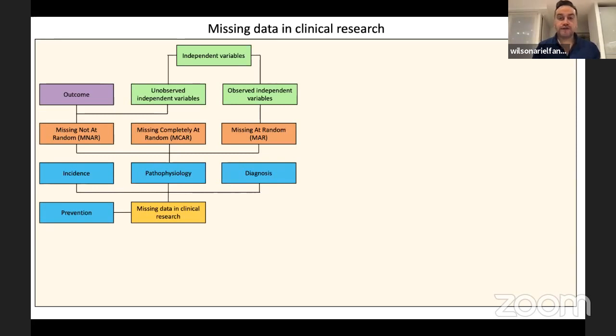It's also useful to think about the diagnosis of the missing data in terms of what the distribution is. So when you are finishing the trial, you should look at your data set and try to see whether or not there is a pattern in your missing data that might give you some key information, like, oh, this might be because of this reason, or this might be because of these observed independent variables.